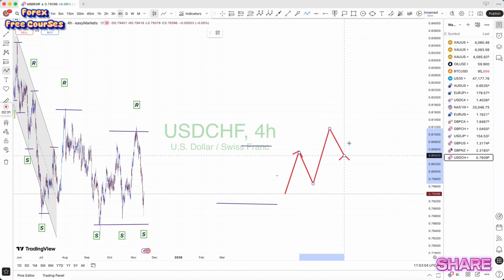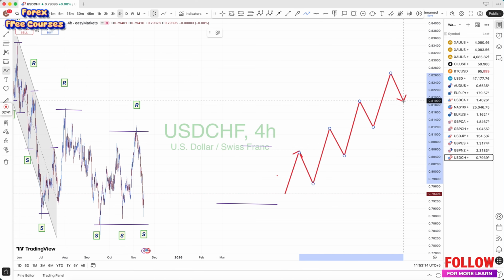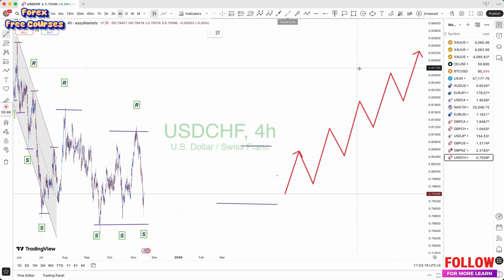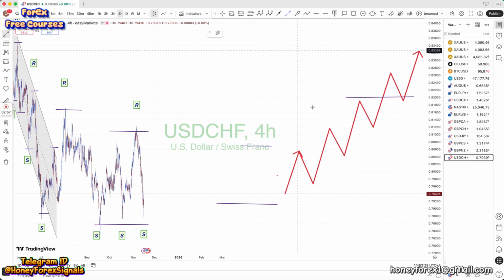Resistance again, market makes support. Again resistance. Support, resistance, support. So understand now, this is our SNR area. Resistance and support. This is our SNR area.